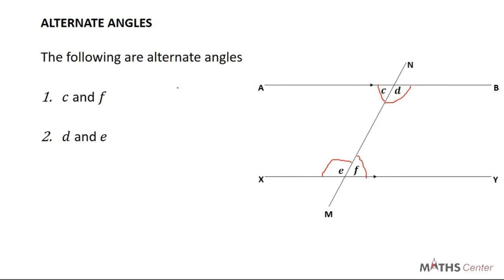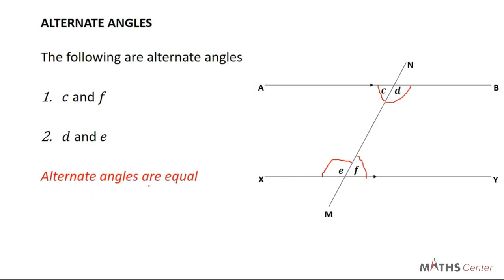So we see that the following angles are alternate angles. C and F are alternate angles, and D and E are alternate angles. Once again, look at their position very well. So C is here, F is here, D is here, and E is here. And what is the property of alternate angles?